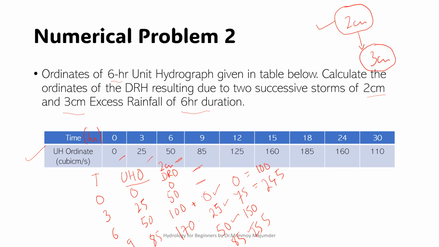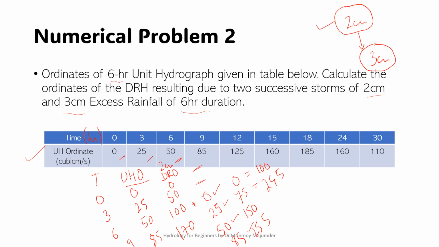That gives the ordinates of the 2 cm direct runoff hydrograph. But for the 3 cm direct runoff hydrograph, you have to lag or leave 2 rows and then write that unit hydrograph again, and then multiply 3 with the ordinates of that lagged unit hydrograph.